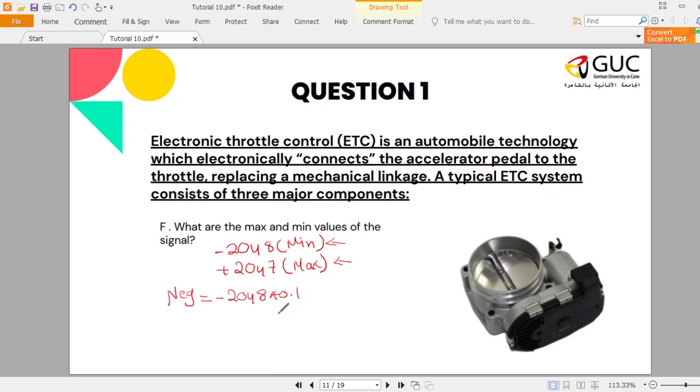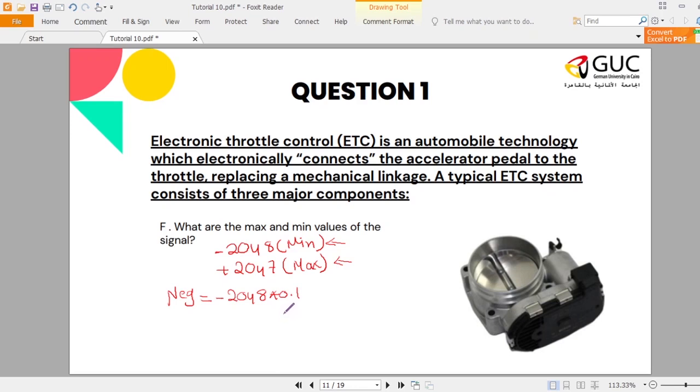Meaning that the minimum value is negative 2048 and up to positive 2047 in the positive spectrum. Okay, good.